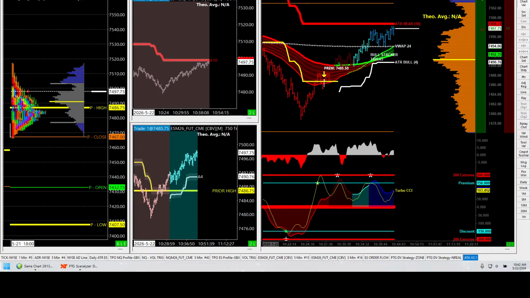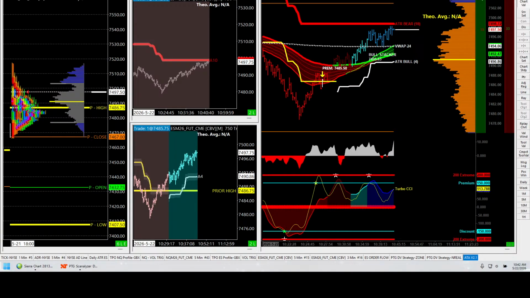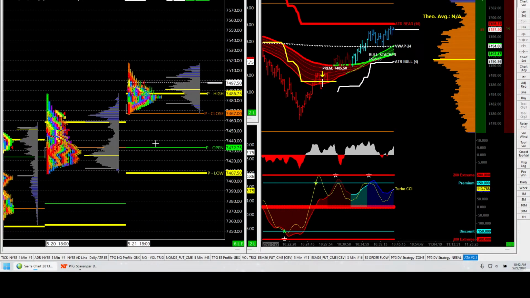Hey, you asked me a question on the profiles that I was showing. So the profile that we have on Sierra Chart is kind of a generic, basic one, not really too inspiring.